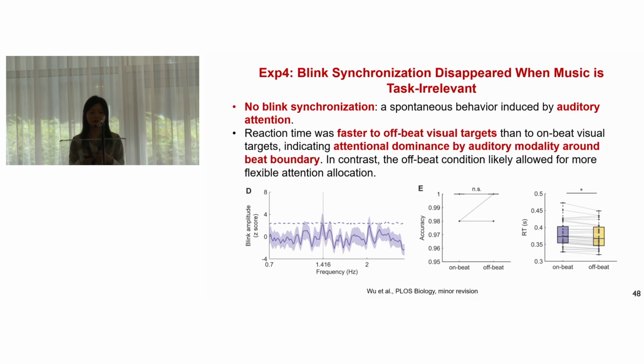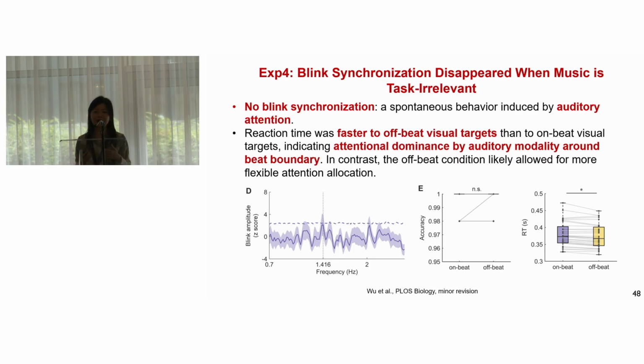Also, we found a significant difference between the reaction times for the on-beat and off-beat signals. The reaction time is even faster for the off-beat, which is out of our expectation.